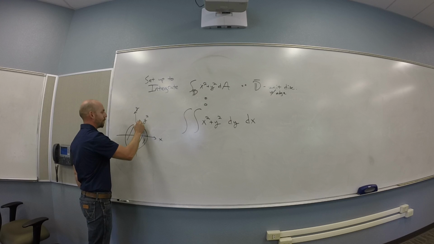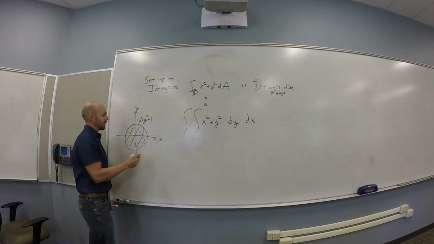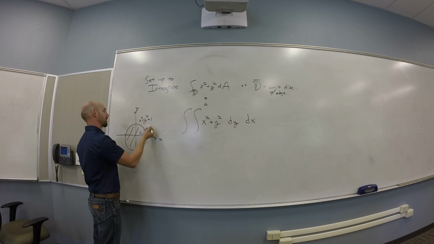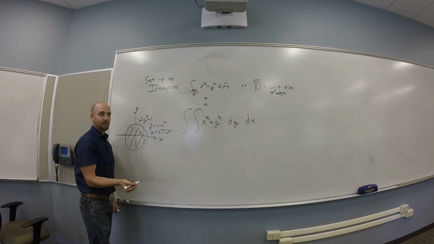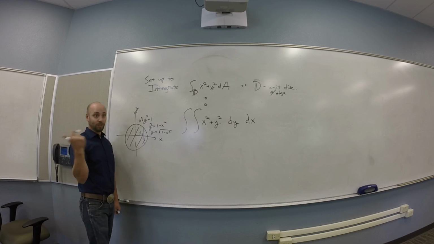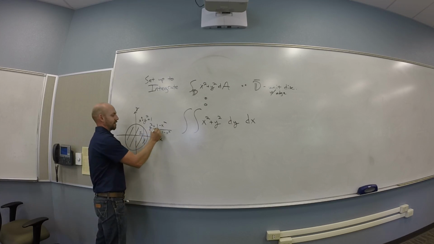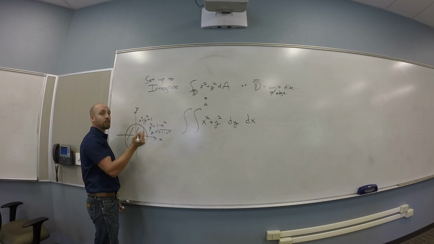I might remember that the unit circle is x squared plus y squared equals 1. And so then I think, okay, if x squared plus y squared is 1, y squared is 1 minus x squared. And so y is plus or minus the square root of 1 minus x squared. Those are my bounds, right?